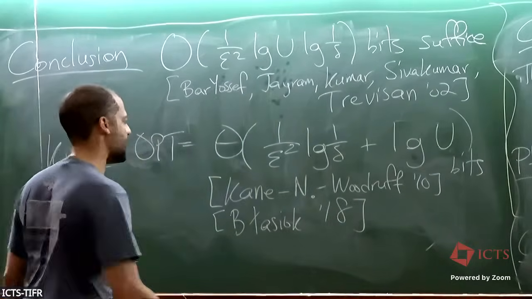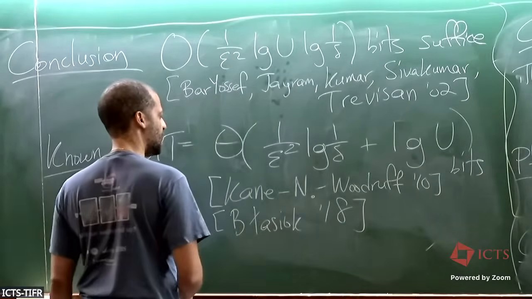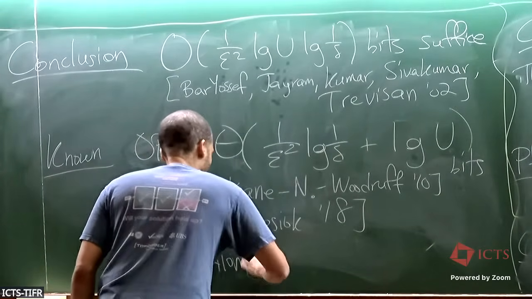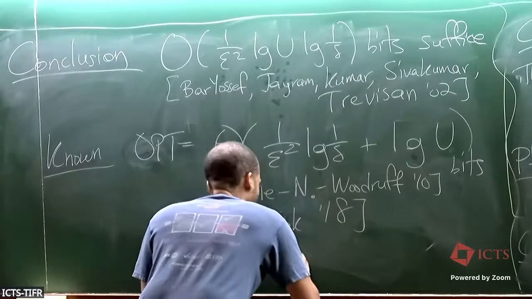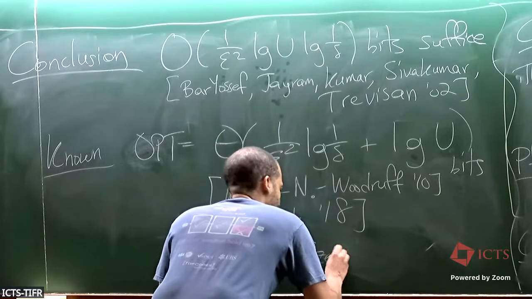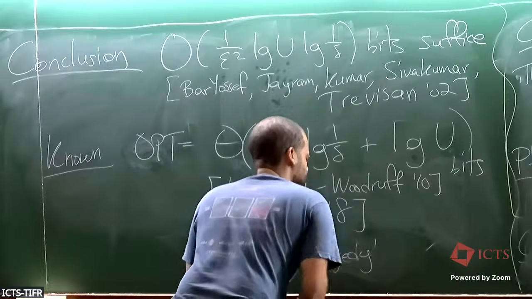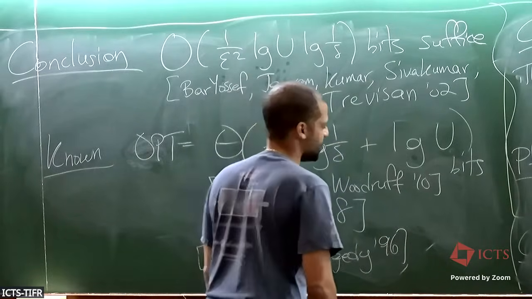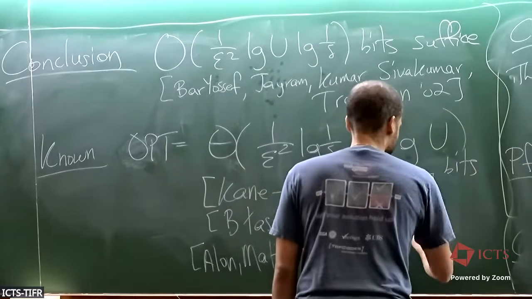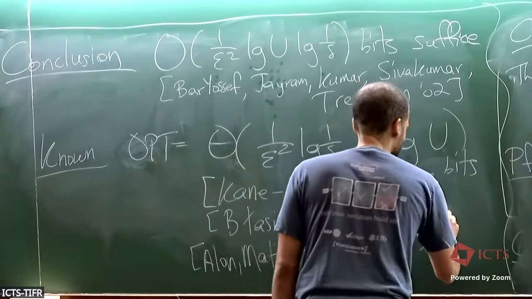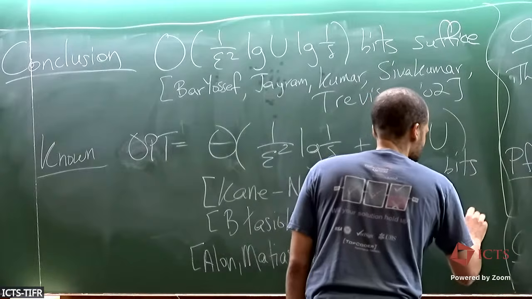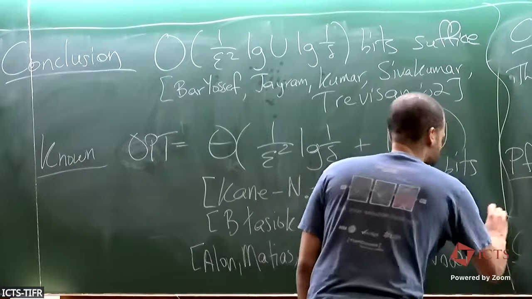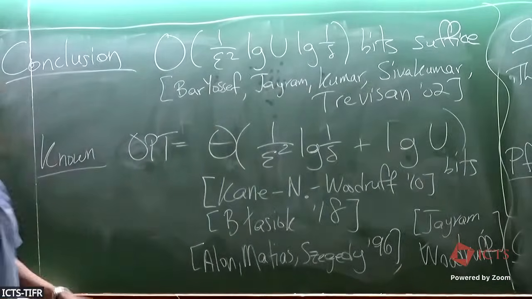And then on the lower bound side, Alon, Matias, and Szegedy, I believe, got the log u part, and that was in 96. And then the 1 over epsilon squared log 1 over delta part is due to Jayram and Woodruff, I think, in SODA one year. I don't remember which year, maybe 2010 or 12, one of those.